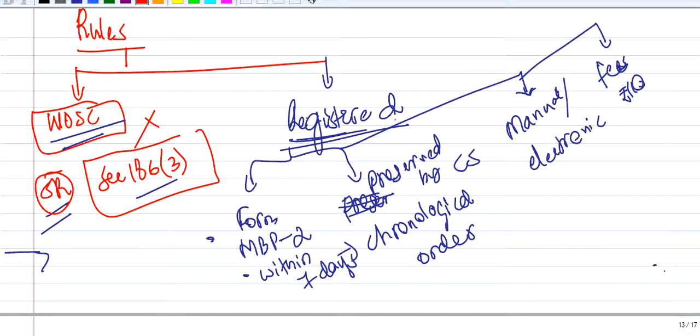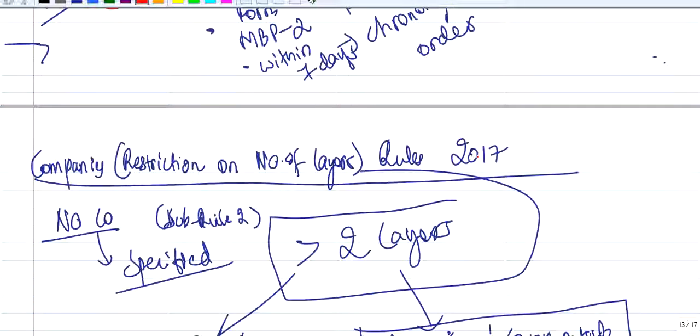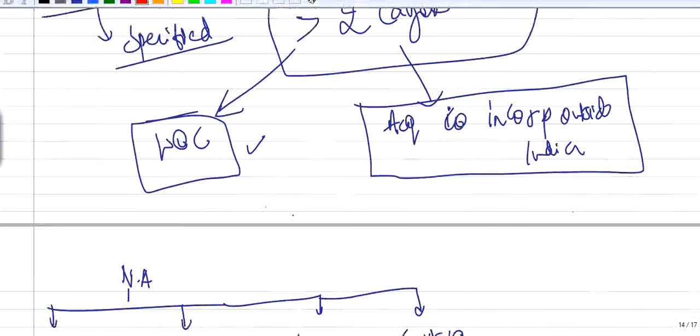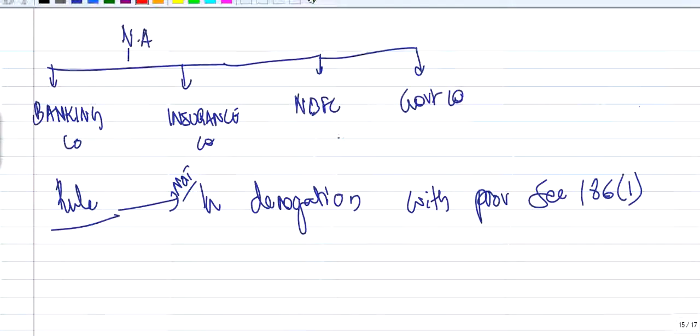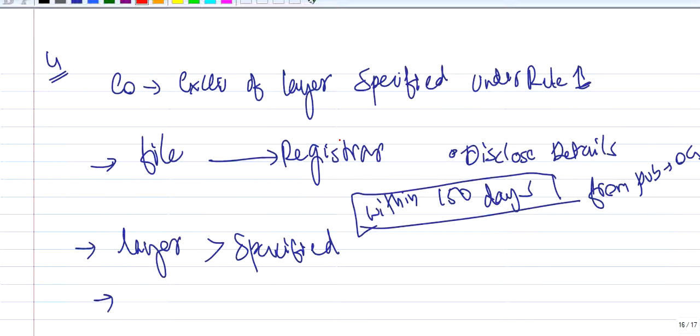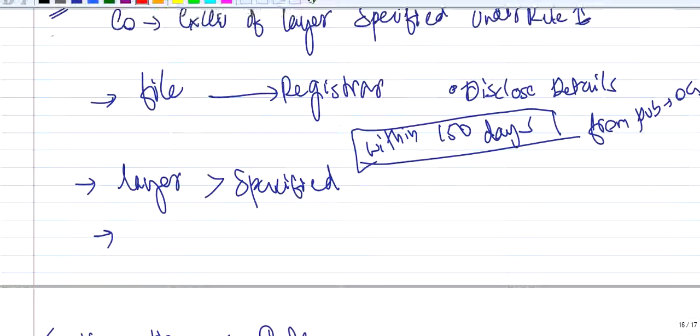Rules we see for a wholly owned subsidiary company, SR is not required, and the register form MBP2 is preserved, manual or electronic fees. Then we see restriction on number of layers, more than 2 not applicable. Then a company in excess of the specified under the rule files with the registrar disclosure details within 150 days from the publication of these rules in the official gazette.